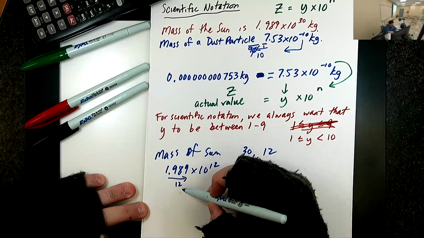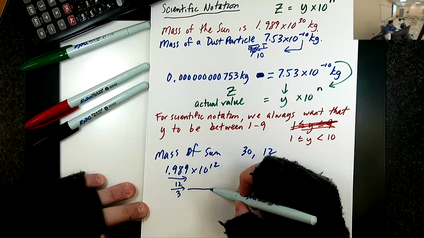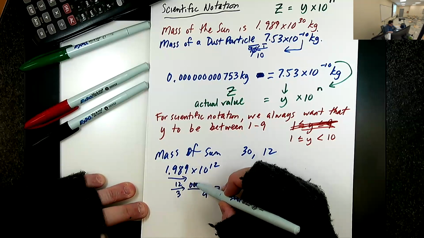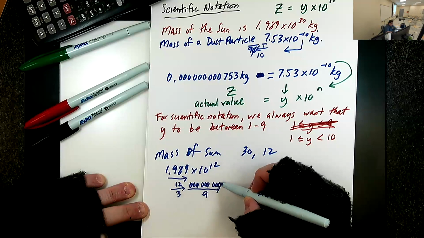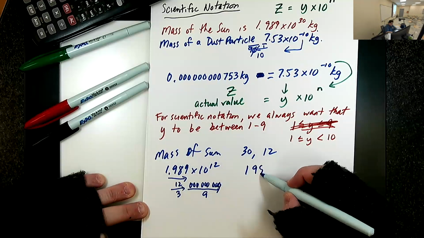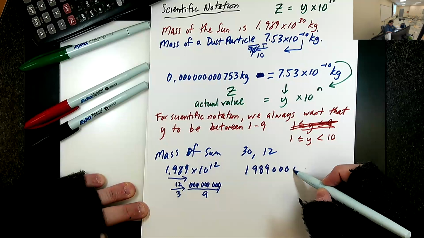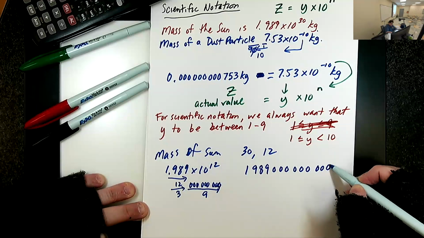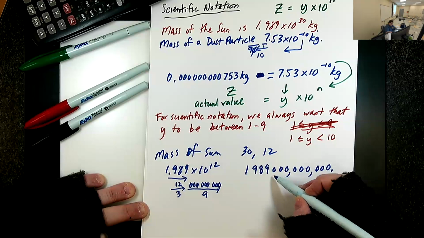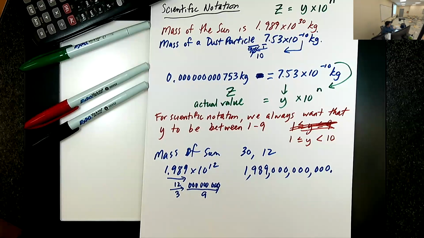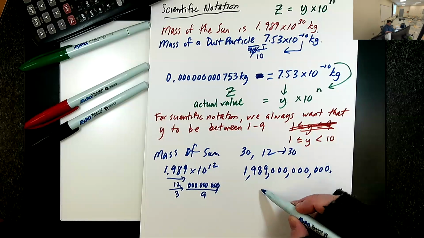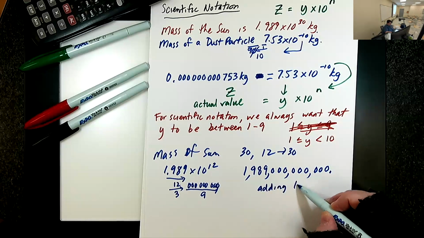I've already got 3, so I need to move it another 9, which means 9 more zeros. So I would have 1989000000000. That would be times 10 to the 12. This is millions, billions, trillions. Times 10 to the 12th is trillions. And I only did 12. 30 means adding 18 more zeros at the end.